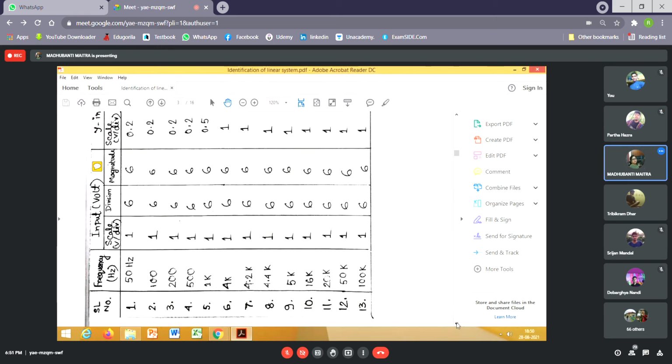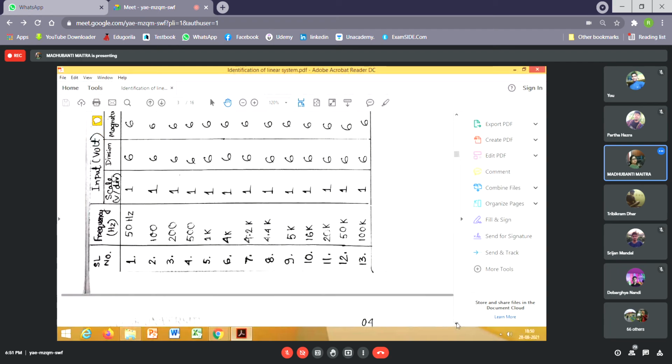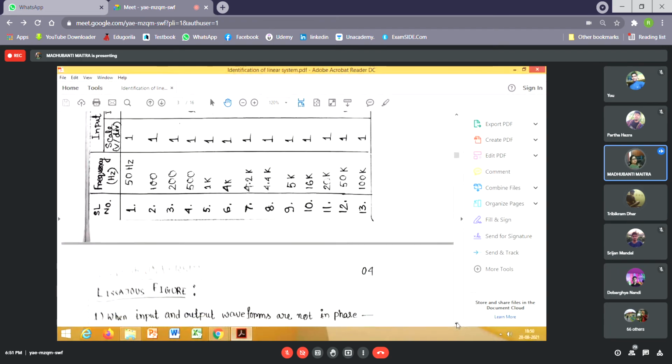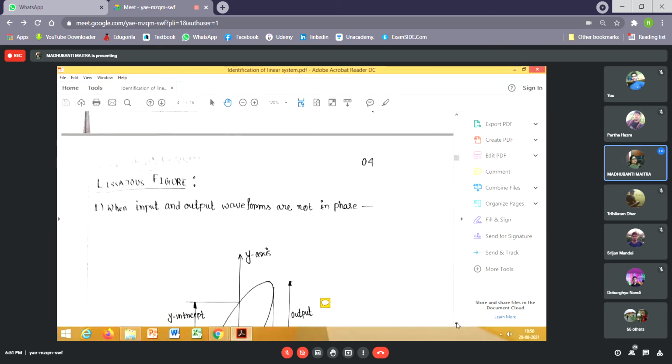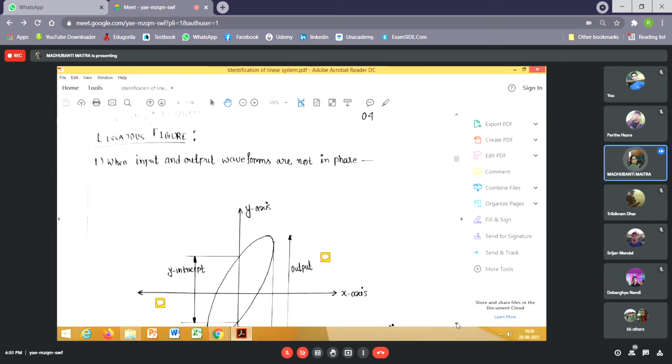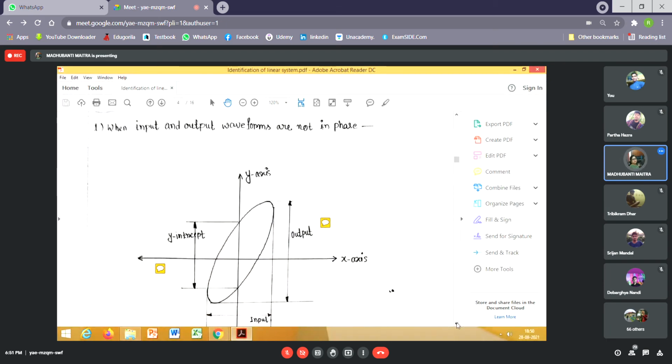But there is another way. I'll come to this table once more, but before that, let's discuss the Lissajous figure. So what is actually a Lissajous figure? As I said, I can put the oscilloscope either in ground mode, or in DC mode if it's a DC signal, or in AC mode if it's an alternating one.